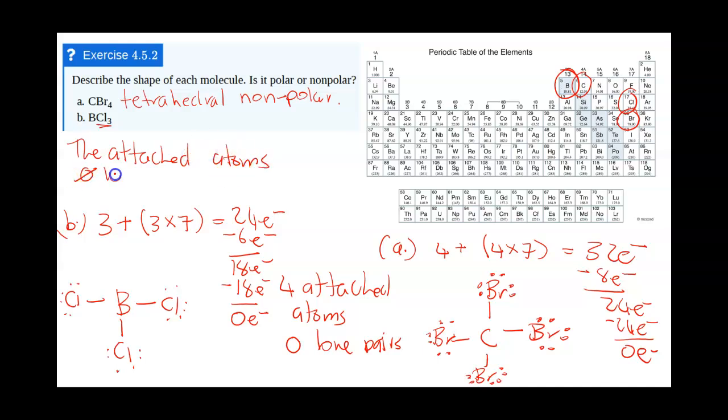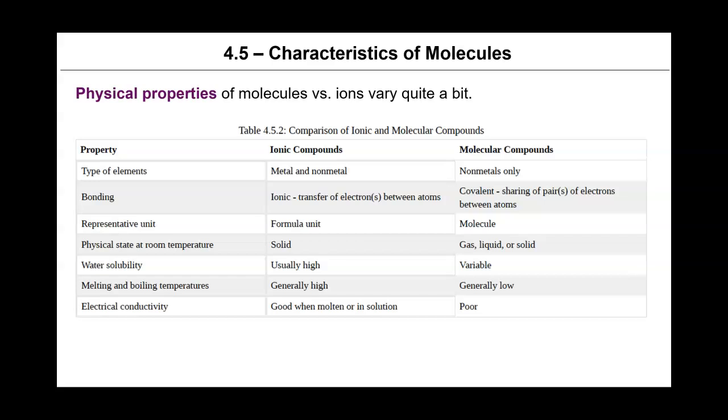I have 0 lone pairs, and if I consult my VSEPR table, that tells me that this molecule is trigonal planar. Now you probably want to print out a copy of a VSEPR table. As everything that is attached to the boron is the same, this molecule is non-polar.